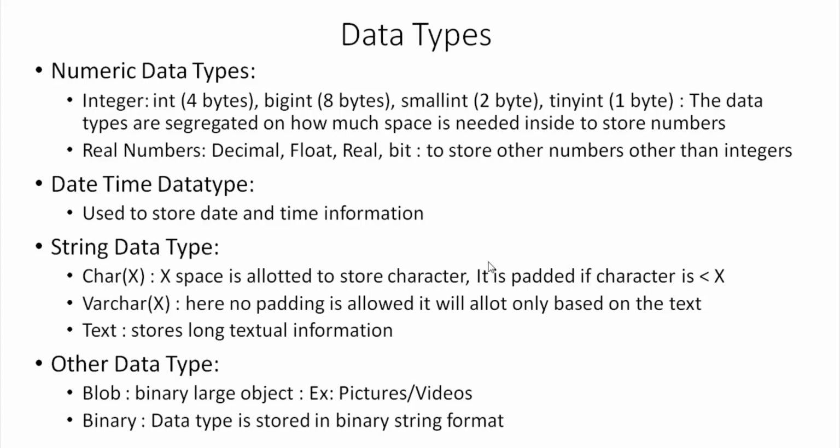It will store everything in a binary format. Binary means zeros and ones. There is also something called image, which can be used to store images other than blob. These are the different data types available in SQL. While deciding the tables which you create, you can decide which type of data it is going to store, and based on that you can define these data types.